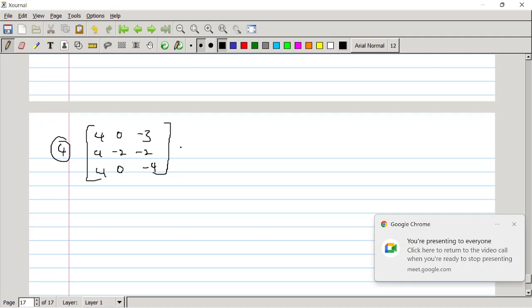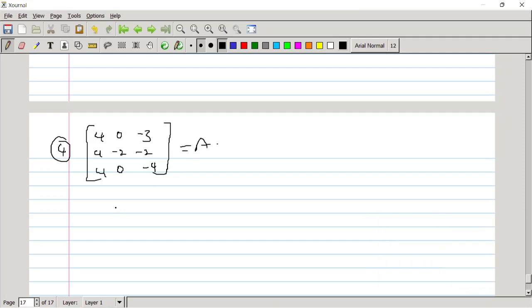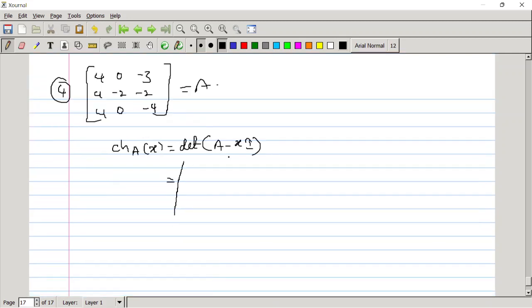Let me call it A. So the characteristic polynomial of A is nothing but the determinant of A minus xI. That is the determinant of 4 minus x, 0, minus 3; 4, minus 2 minus x, minus 2; 4, 0, minus 4 minus x.